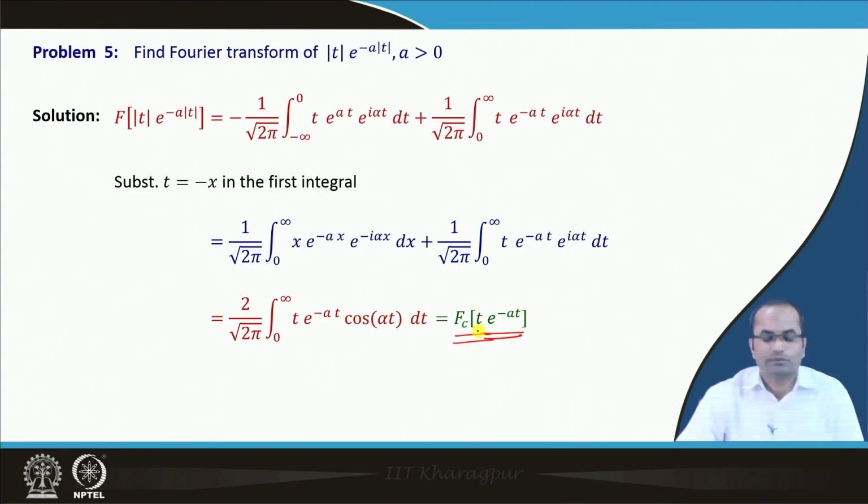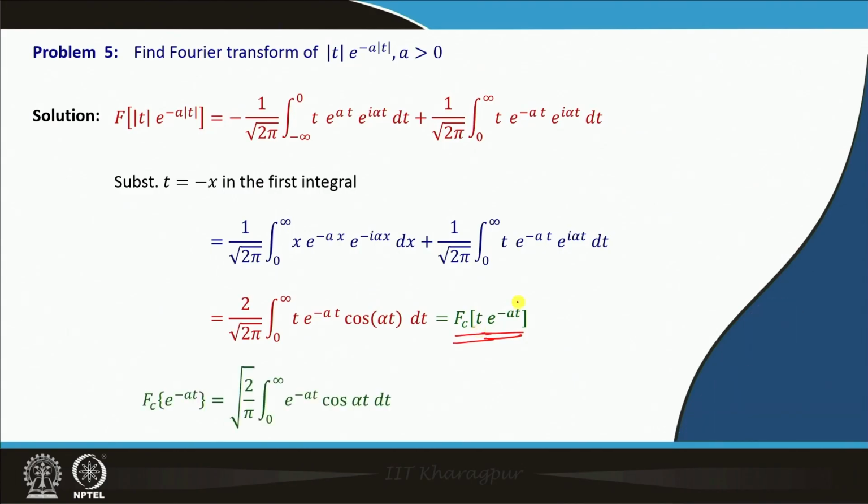So, we can compute this easily either directly by solving this equation, or there is another trick which we are using. Just notice that the Fourier cosine transform of e power minus a t is the integral of e power minus a t and then cos alpha t dt with this factor, which can be easily computed, and we have done this in earlier problems.